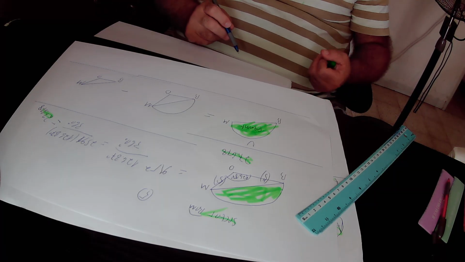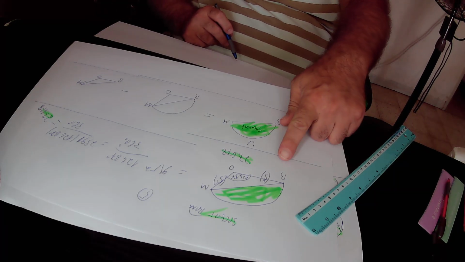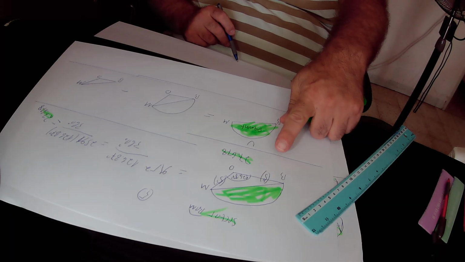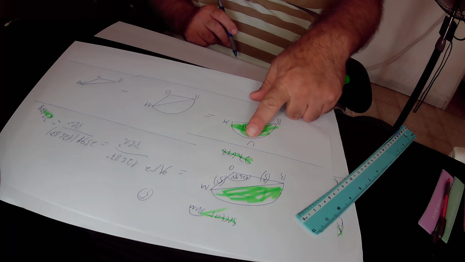We already found that the area of sector BOM equals 27.678 square units in size.